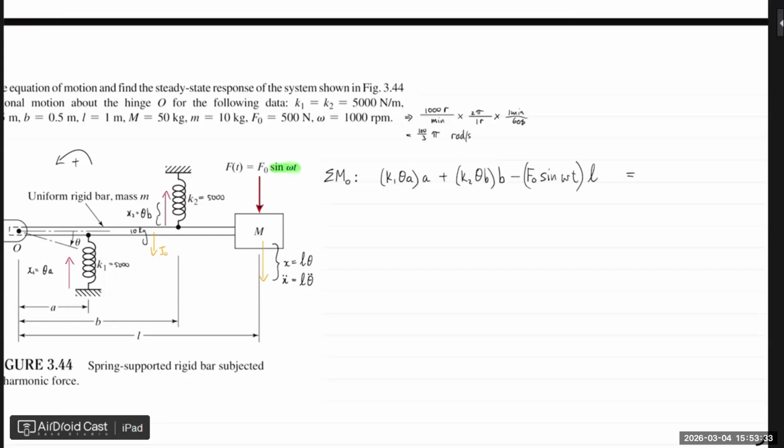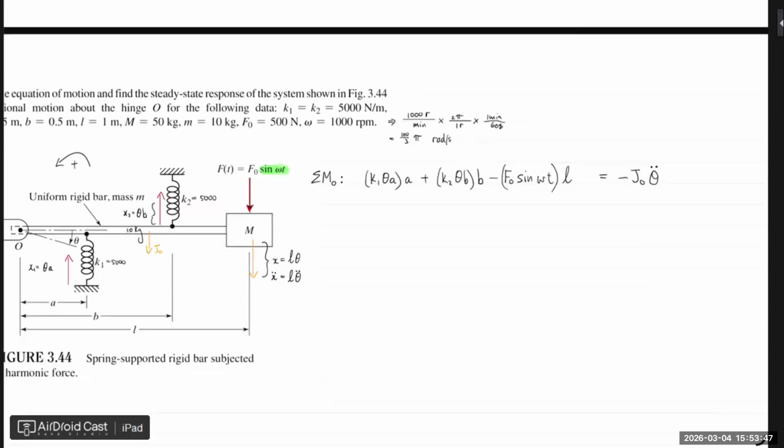And all of that must be equal to the angular momentum, which the orange part is negative. So it's negative J0 and then theta double dot. It's like MA, and also the mass itself.